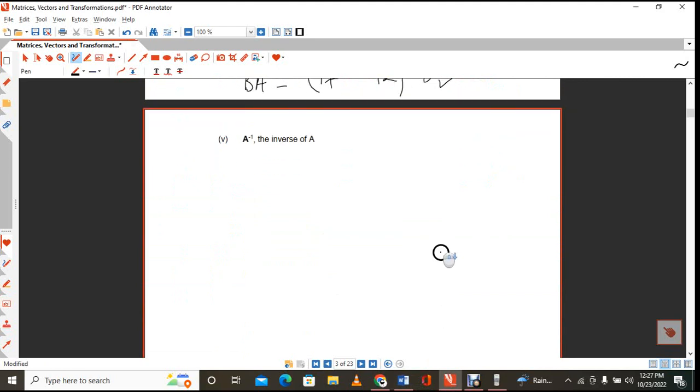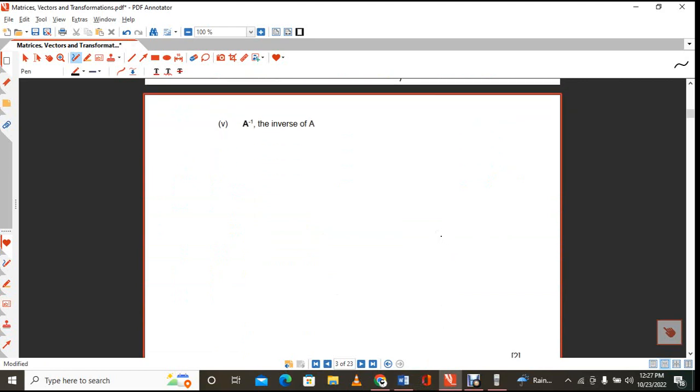Right, now we have to find the inverse of matrix A. So I'll go ahead and I'll just write my matrix A here again. So matrix A is -3, 1, 2, -1. Okay, so in order for us to find the inverse of this matrix, I hope you're familiar with the determinant of the matrix.